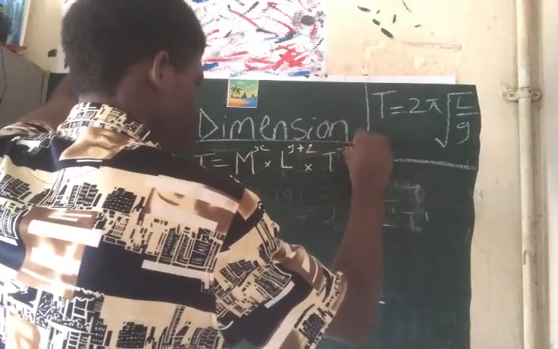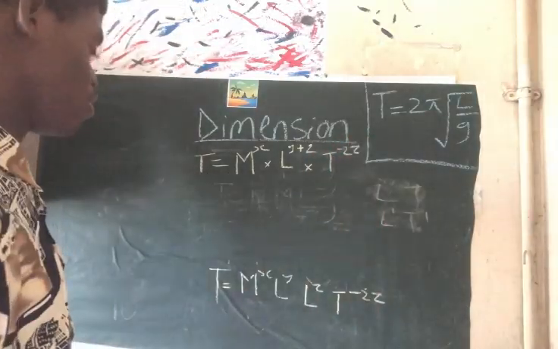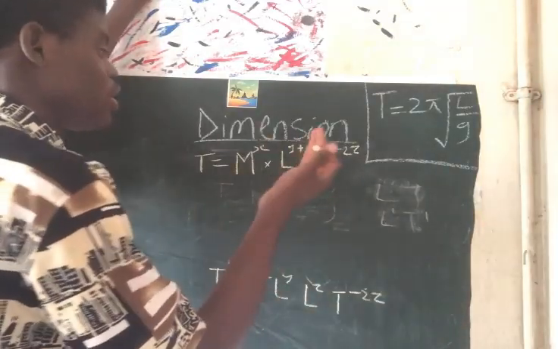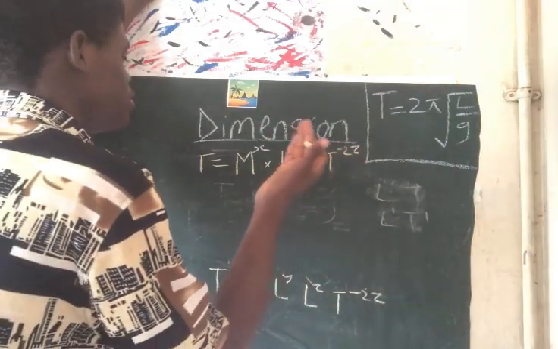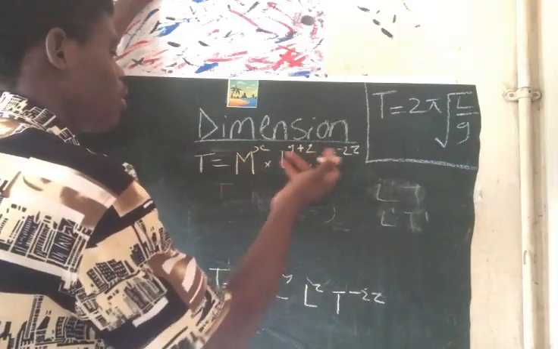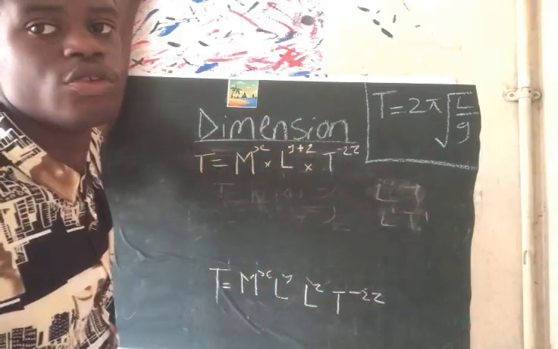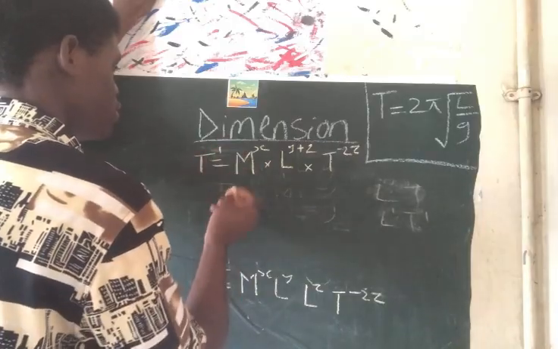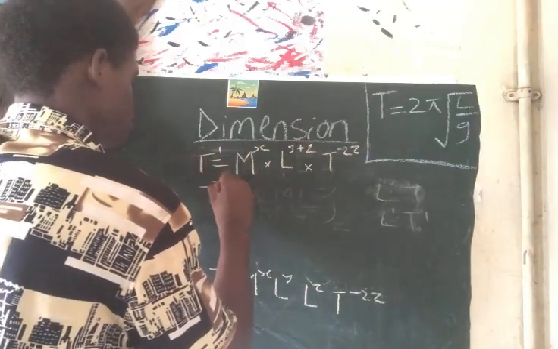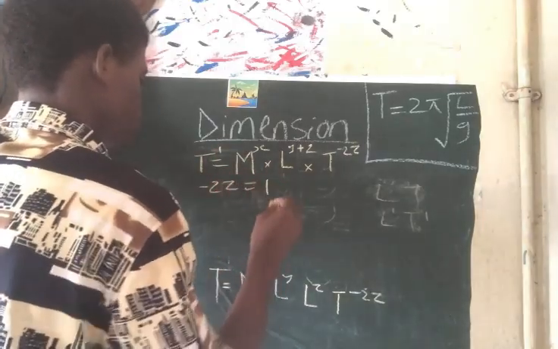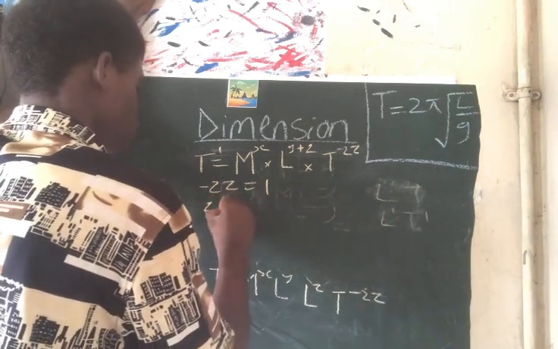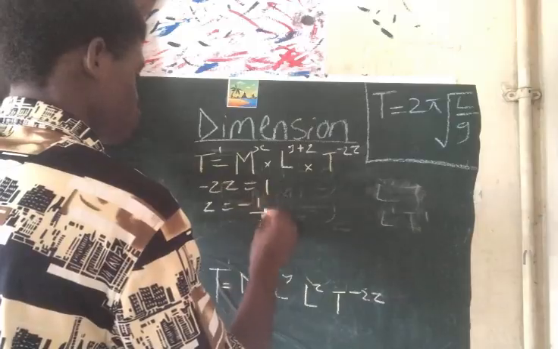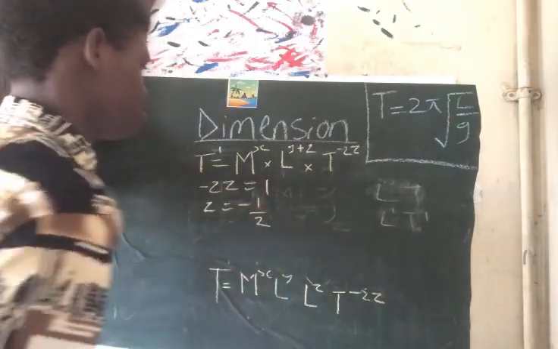After that, we want to equate all the powers on the left to the ones on the right. For T, minus 2z is equal to 1, so z is equal to minus half, right?